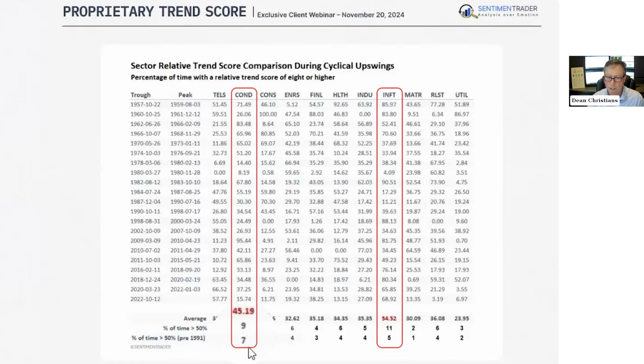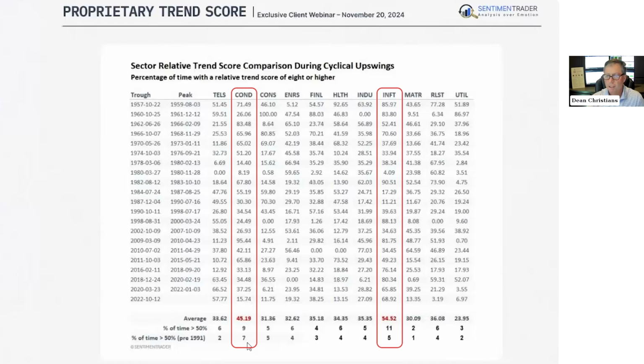So the point I want to make here is that in these cyclical upswings, growth stocks typically have outperformed throughout history. And so that's where we want to be fishing. If we're going to use our relative and trend scores, and we're going to identify periods when these stocks are going up and they're outperforming on a relative basis, we want to be fishing in the growth stock pond.